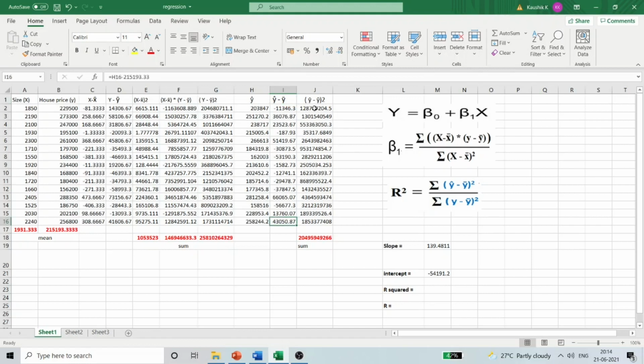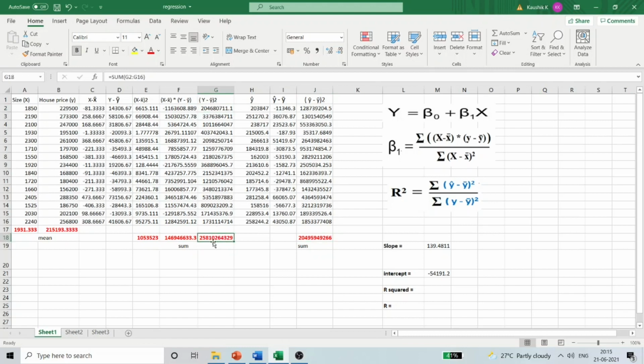And then I have to square it. So y hat minus y bar the whole square, then these are the values I get. Then I have to perform the summation. As you can see, it is the sum of the range from here to here. So this is the value I get. Similarly, the other value required is y minus y bar the whole square. That is already calculated, as you can see.